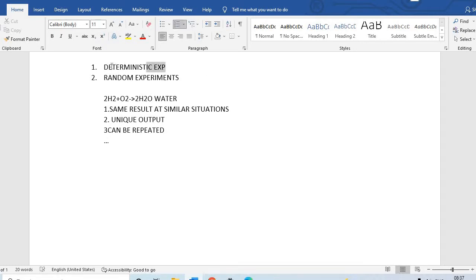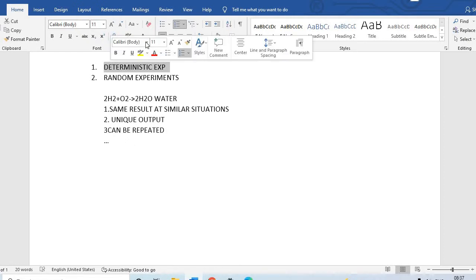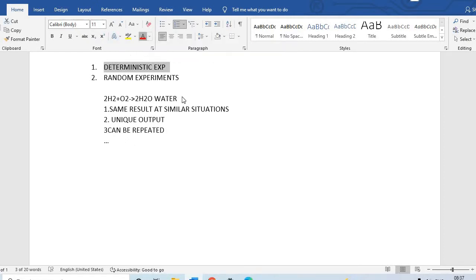Now, what will be the random experiment? What is the specialty of random experiment? Suppose you are tossing a coin. So the result will be either head or tail. But what is the specialty?